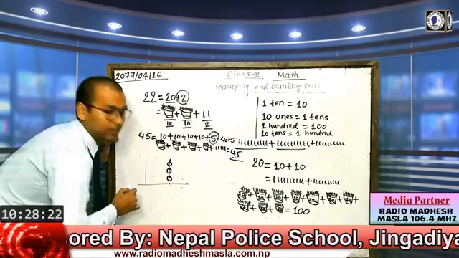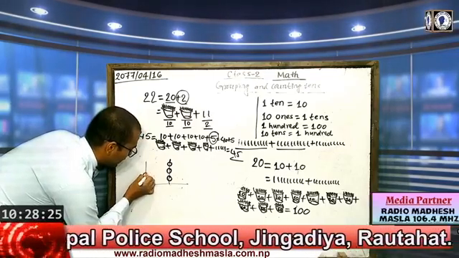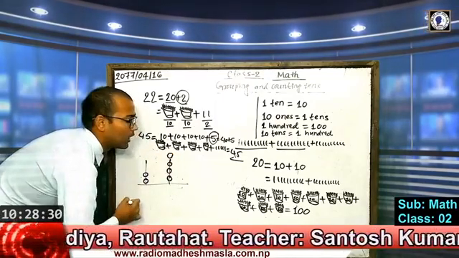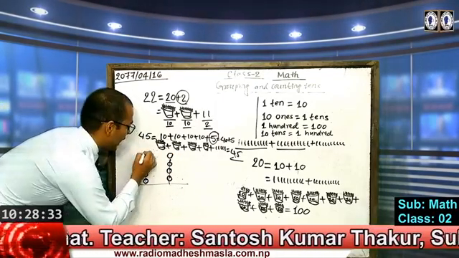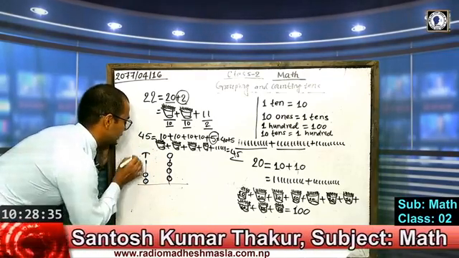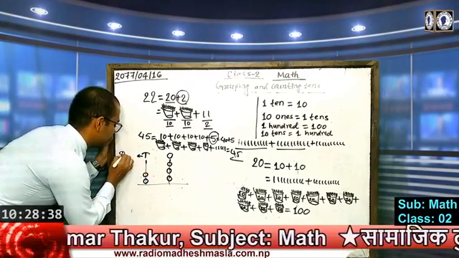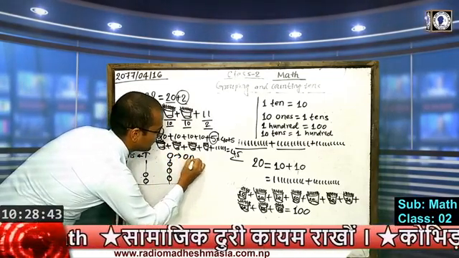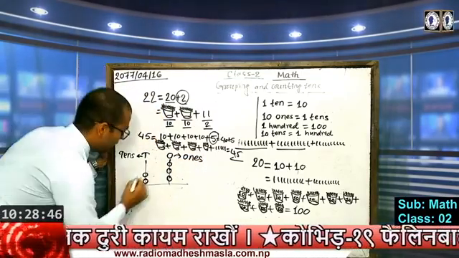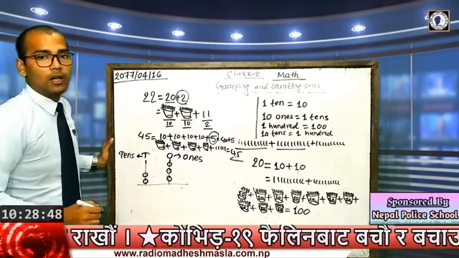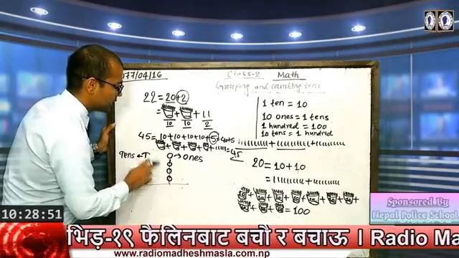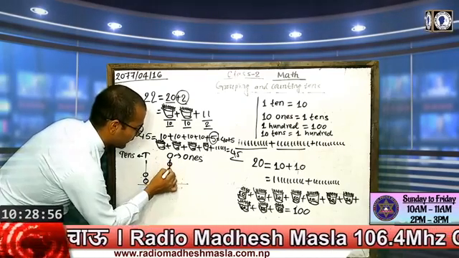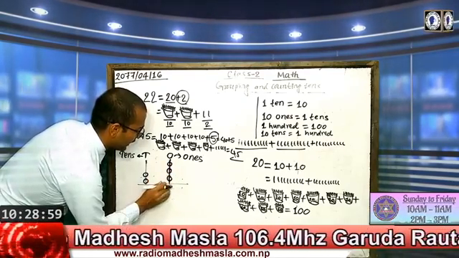The first column is given O, it means ones, and T means tens. In this way we can write its names, tens and ones. So now count the beads in this line of the abacus.